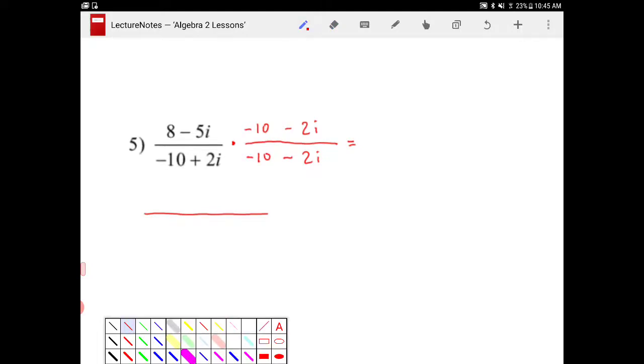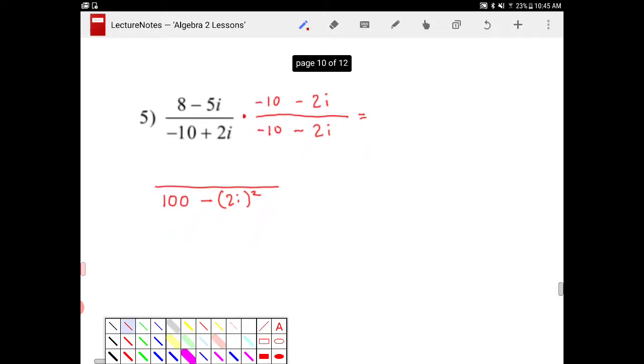You're going to see the questions in this exercise are far simpler than the previous one. So this becomes 10 squared, which is 100, minus the quantity 2i squared. I'll leave that for now. And then the numerator, we're going to have to actually FOIL this out: 8 minus 5i times -10 minus 2i.